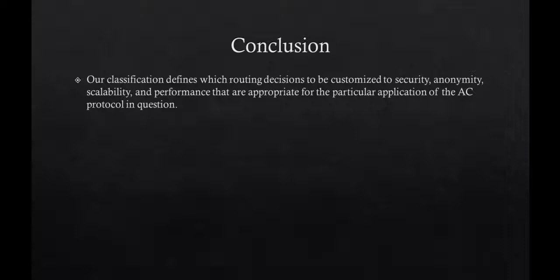For anonymous communication, it is very hard to have all these four factors, that is security, anonymity, scalability, and performance. And also, it is very difficult to distinguish the various routing aspects from one protocol to another, like partial view supporting hop by hop.